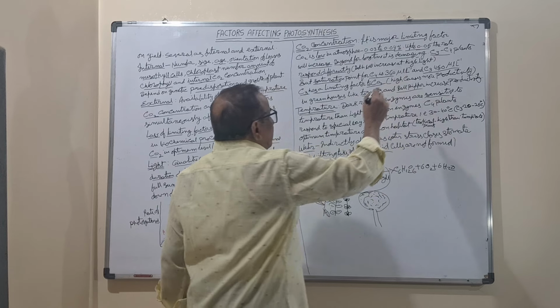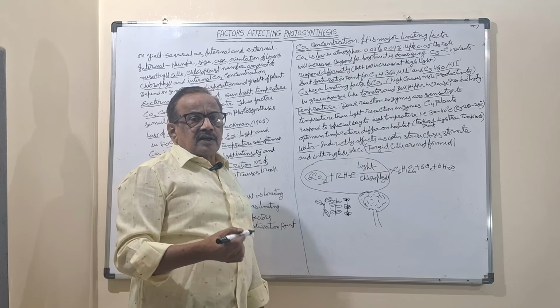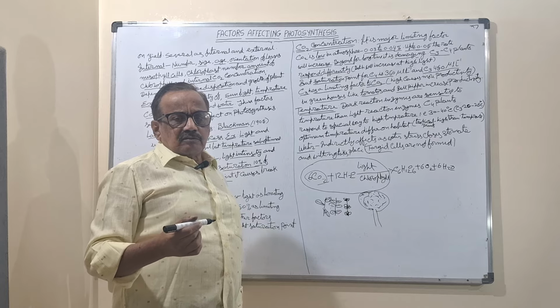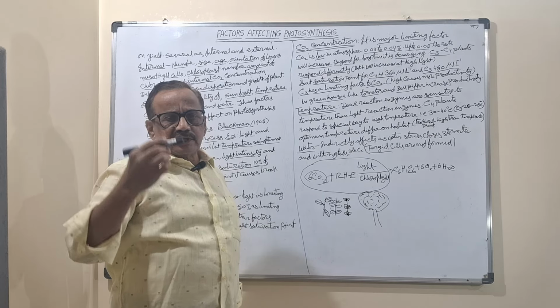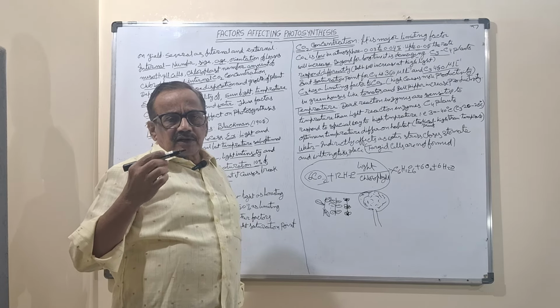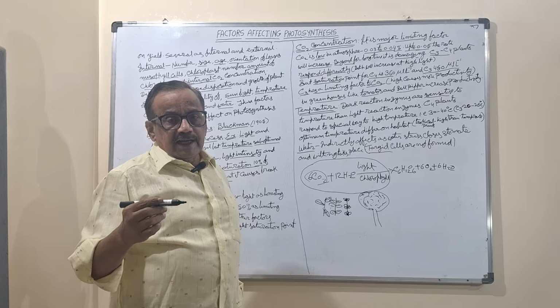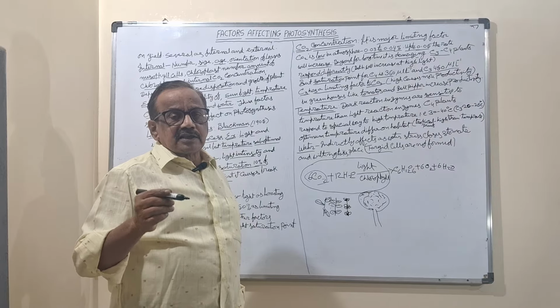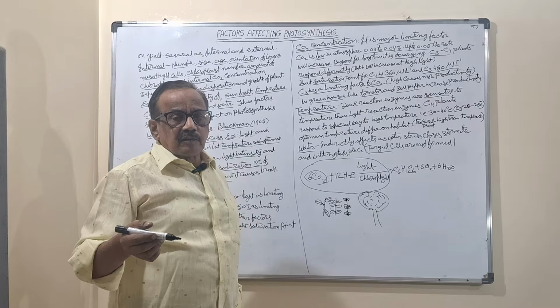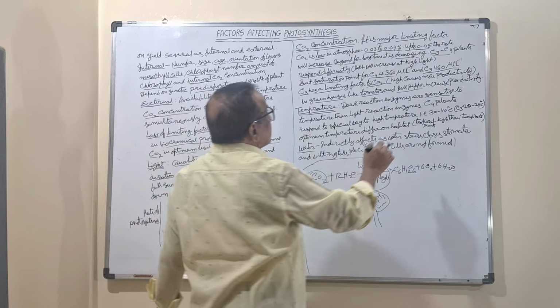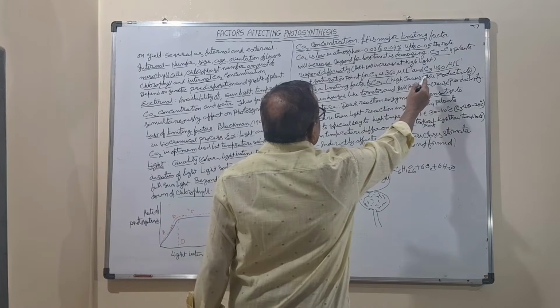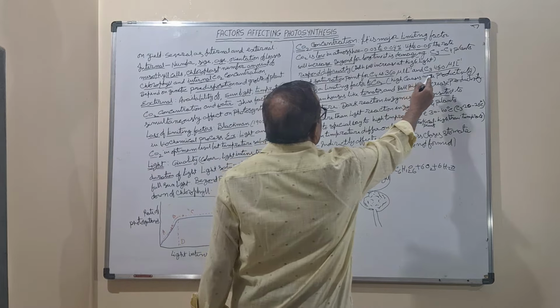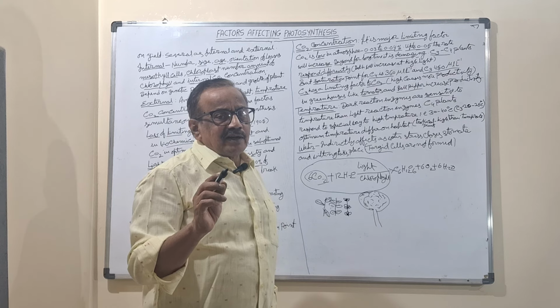Below 0.04, both C3 and C4 will increase. After 0.04 the difference will come: C3 plants will take more carbon dioxide because their saturation point is 450 microliters per liter. Remember the point.